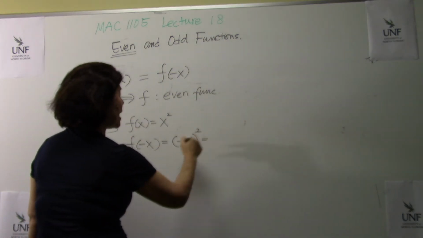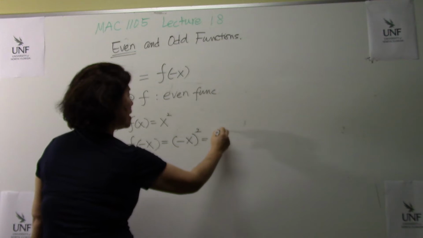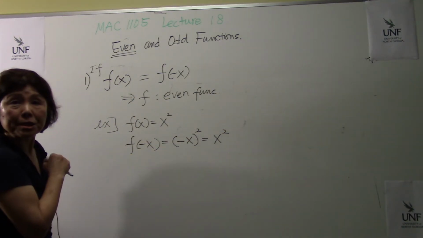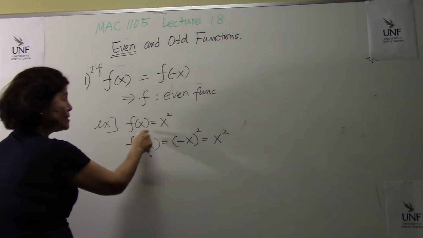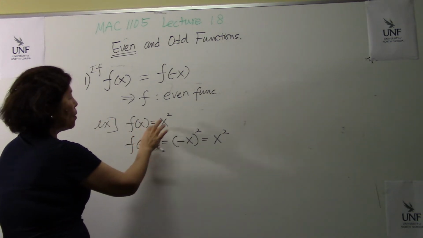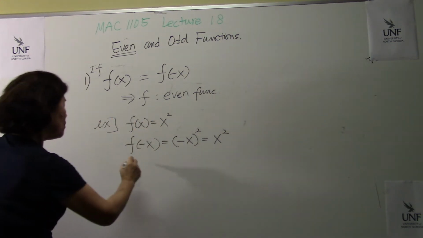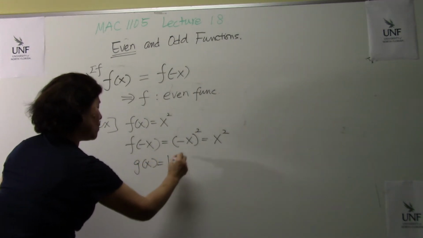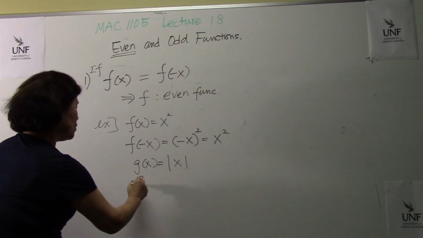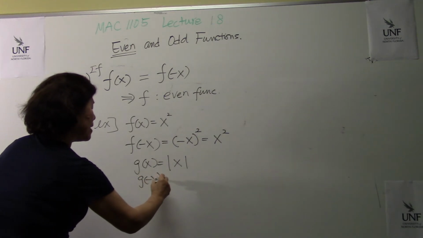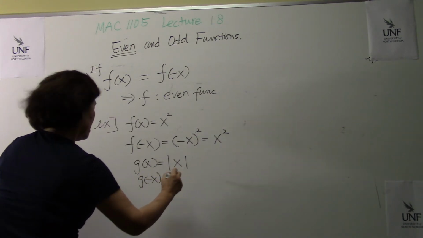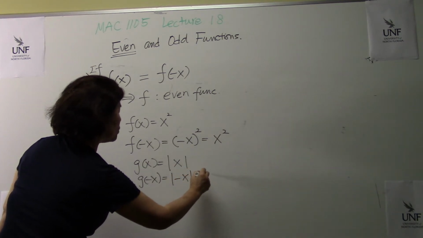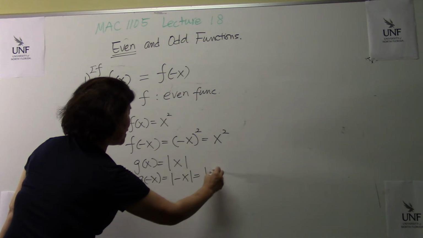Negative x times negative x is positive x squared. So it didn't change. It stays the same. This concept of function is called an even function. Another function is the absolute value of x. So g of negative x, where negative x replaces x, is still going to be the same absolute value of x.